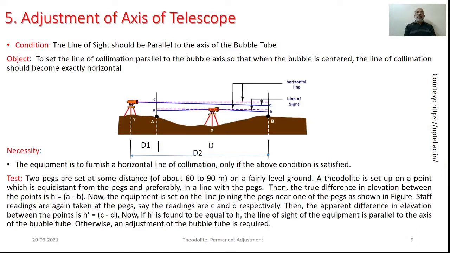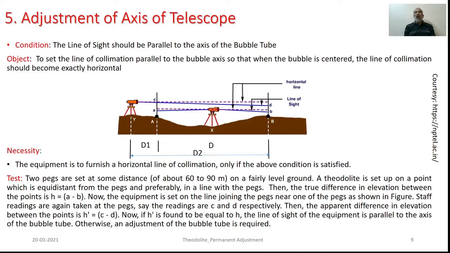The fifth adjustment is for the axis of the telescope. This is again very similar to the adjustment that we discussed for the dumpy level. Here, the condition is the line of sight should be parallel to the axis of the bubble tube.